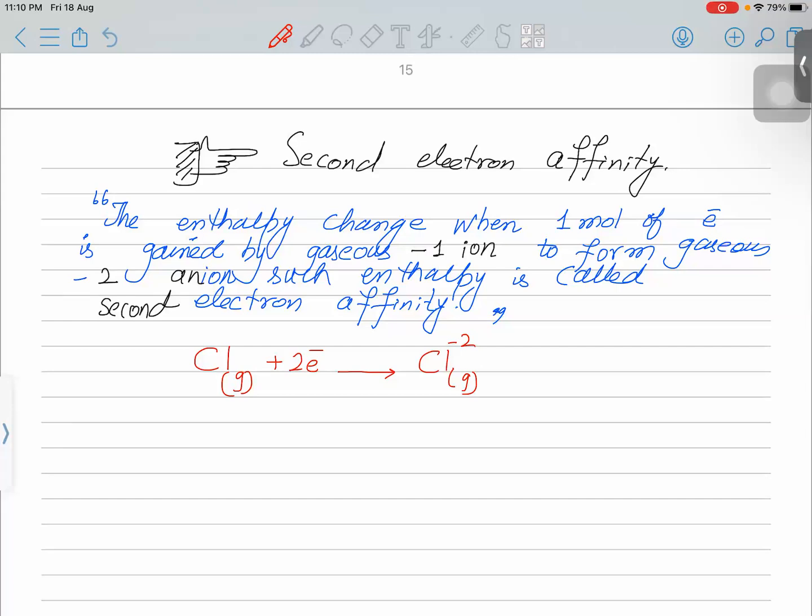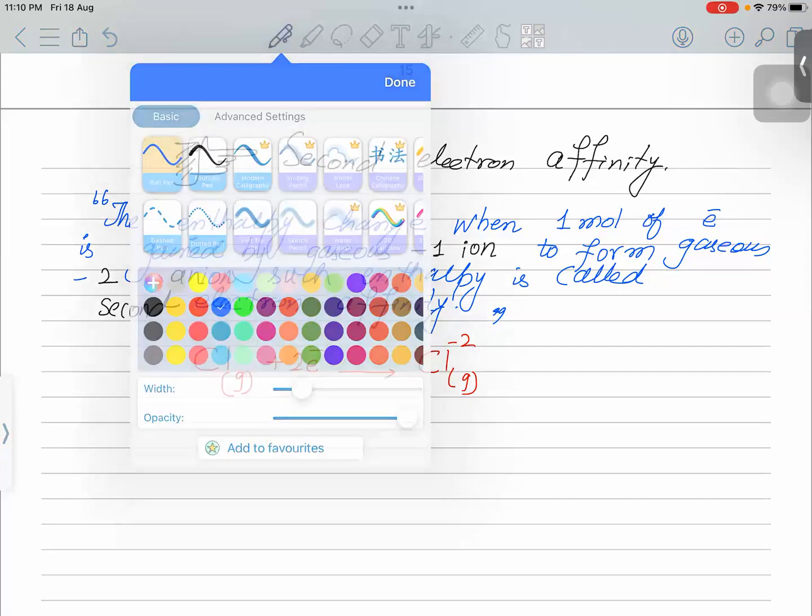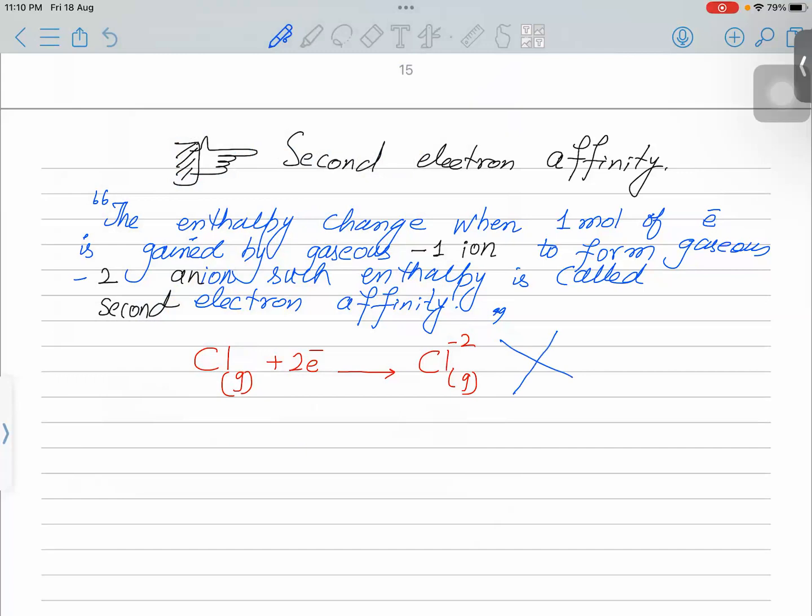So this equation is the sum of first and second electron affinity, EA1 plus EA2.